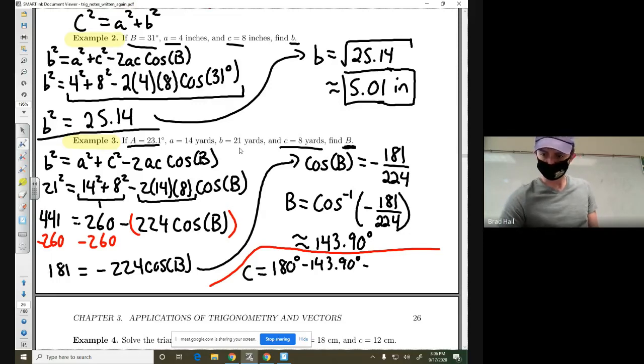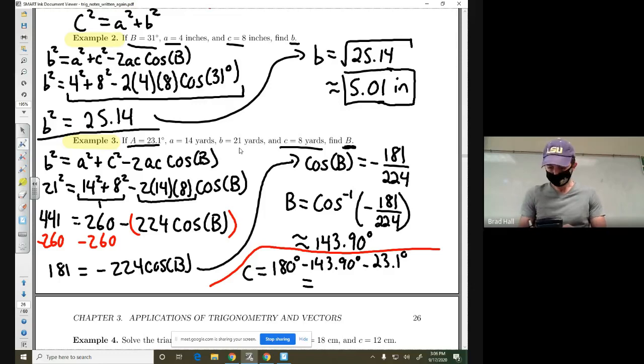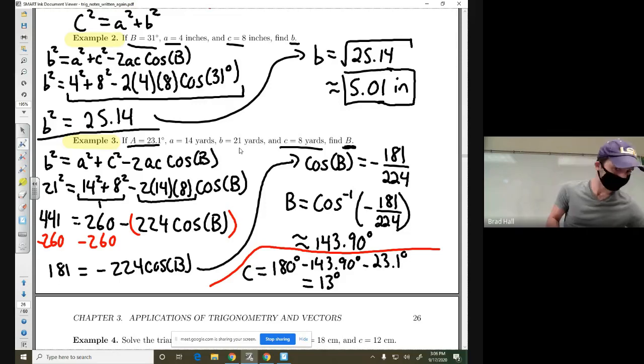140.90 minus 23.1. It's equal to something. 13. Just 13. Cool.